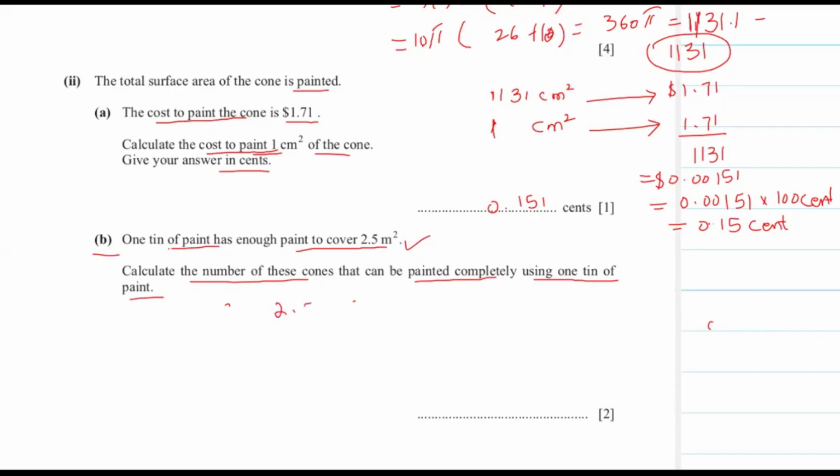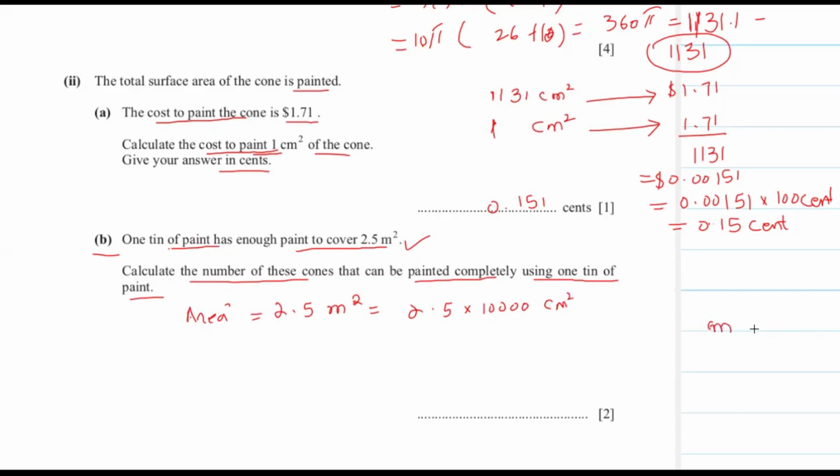Firstly, we will convert this area into centimeter square. This value is 2.5 meters square, and this will be equal to 2.5 multiplied by 10,000, which converts it into centimeter square.